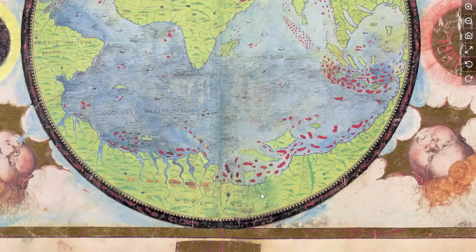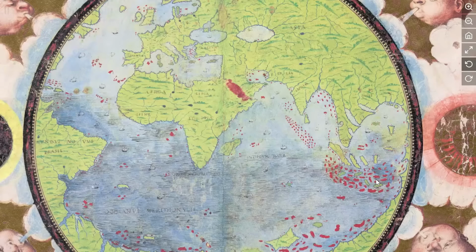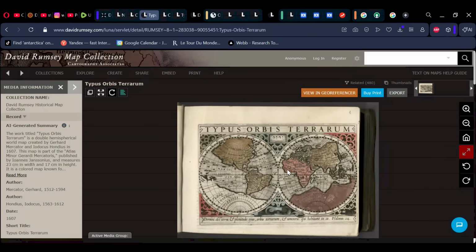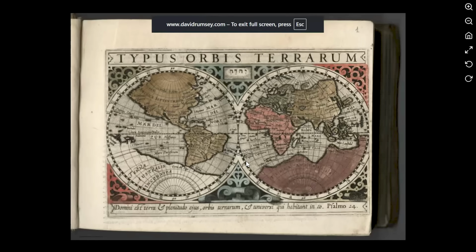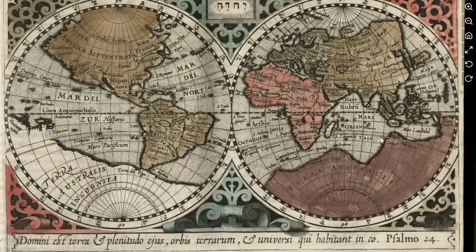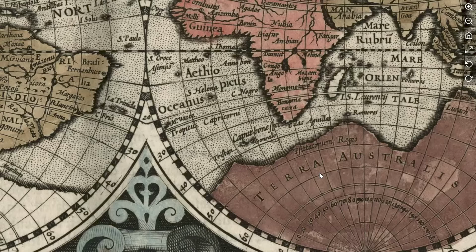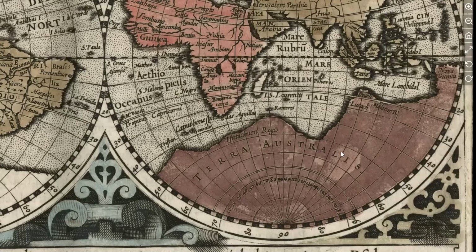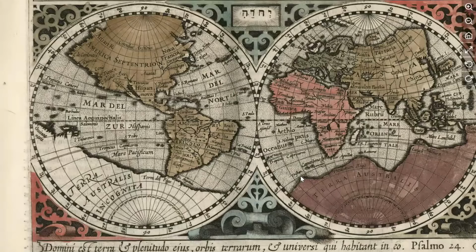Okay, so the Earth that we know, the realm, has been changing. Again, no Australia, but a lot of islands. This is a map from 1607. And again, where is Australia? Australia should be here. And as you can see, they have called it Terra Australis, this landmass, which goes across both circles of the Earth.